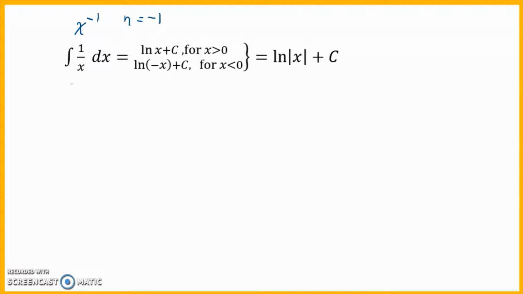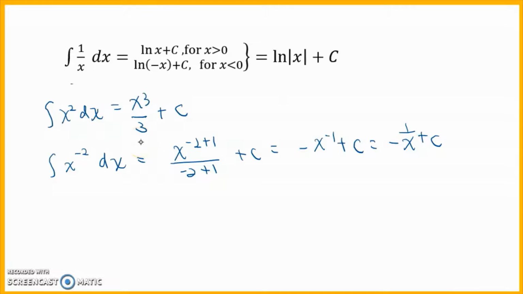Integrating 1 over x actually will return ln x plus c if x is larger than 0, and ln of negative x plus c if x is less than 0. And usually, we write it in this form, which is ln absolute x plus c.